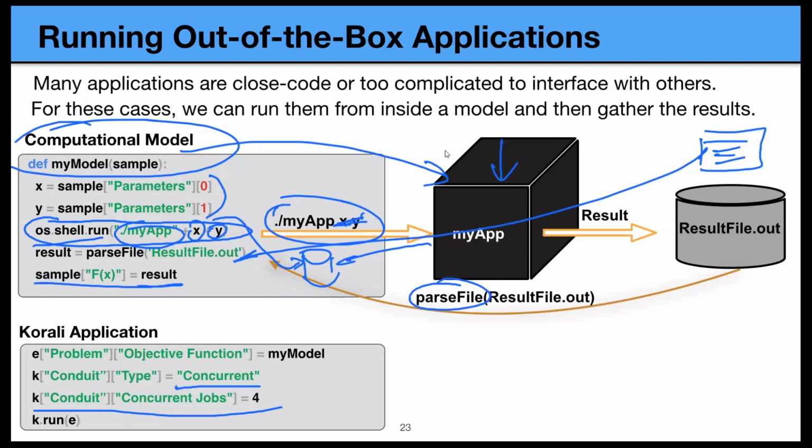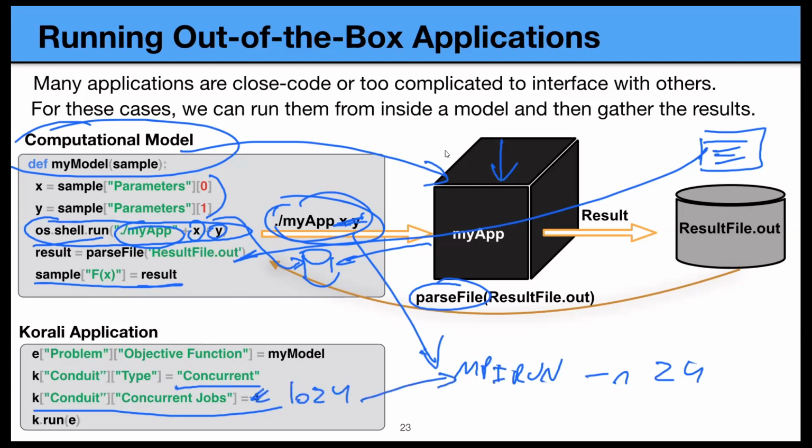If you run, instead of this command, something like mpirun, and believe me, this can be done, with -n 24, and you define 1,000 concurrent jobs, each one running one of these, you will be running, if you're careful, 1,000 nodes, and samples, let's say, but in reality this will be 24K cores.